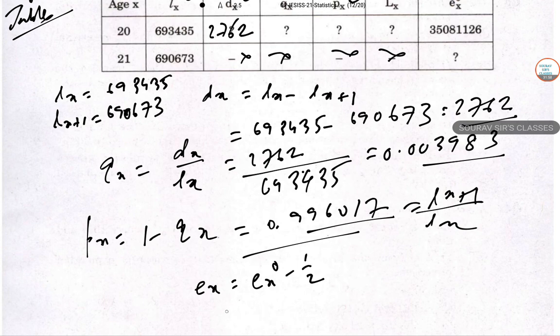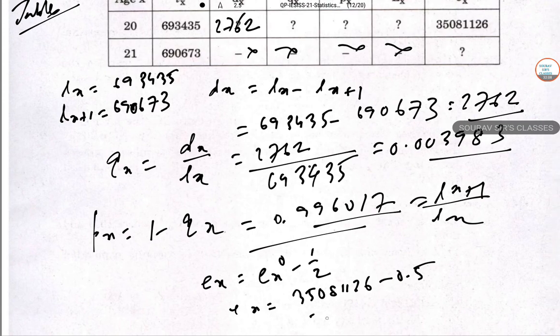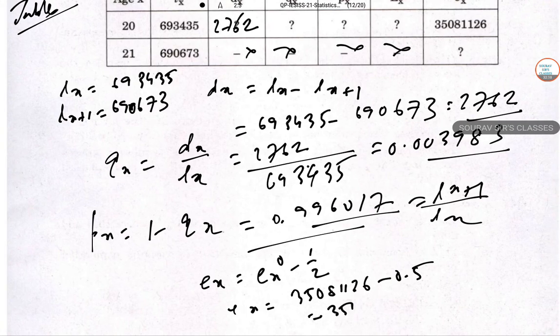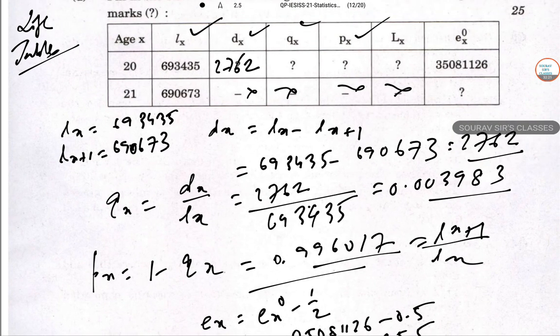So ex equal to e of x to the power 0, which is given as 35081126, minus 0.5. So this is 35081125.5.